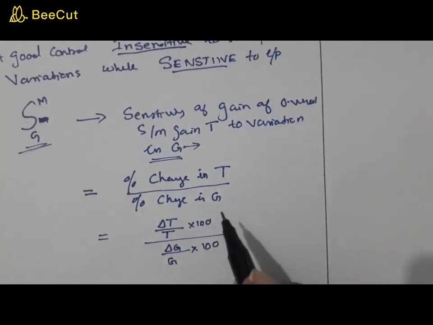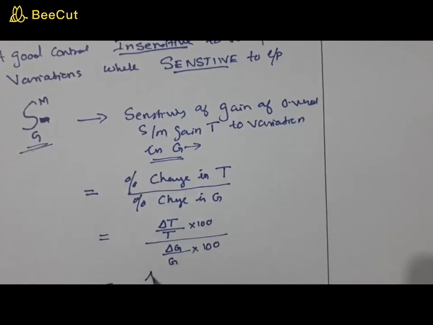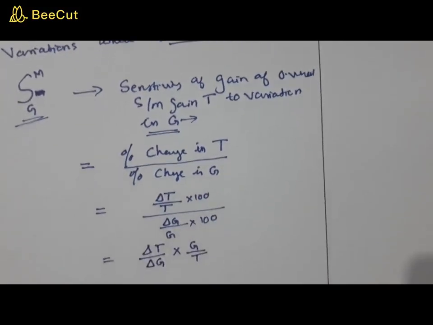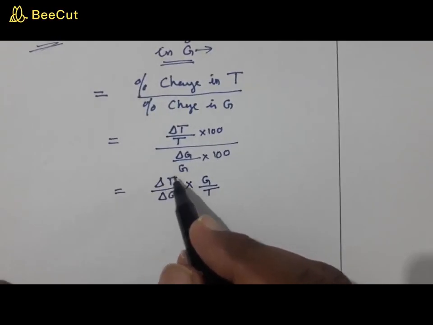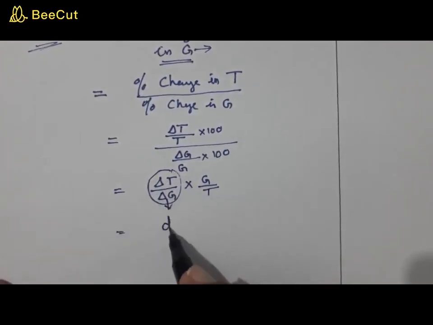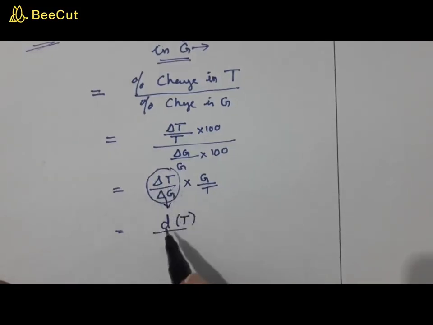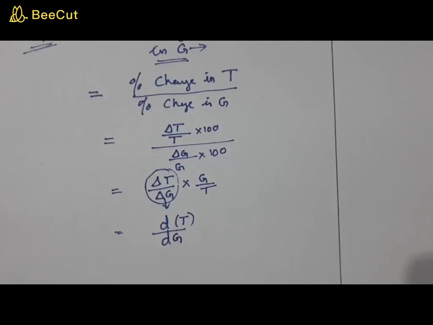So the 100 and 100 get cancelled, and this will be delta T by delta G into G by T. Now applying the limiting theorem, you can convert this into d T by d G. It is equivalent to taking the derivative of the overall transfer function with respect to G. That's the application of differentiation, to find the change with respect to something.